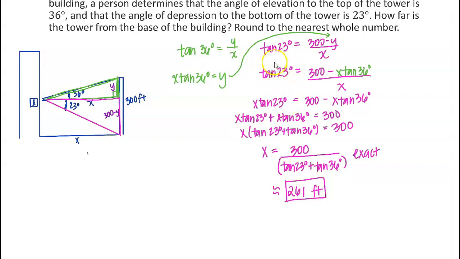So we don't want to plug this tangent 23 degrees into our calculator and use that number, and then plug tangent 36 degrees in up here and use that number, because that's going to lead to more error in our final answer. So we never want to approximate, if we can help it, until we get to the absolute final step and substitute it into our calculator.